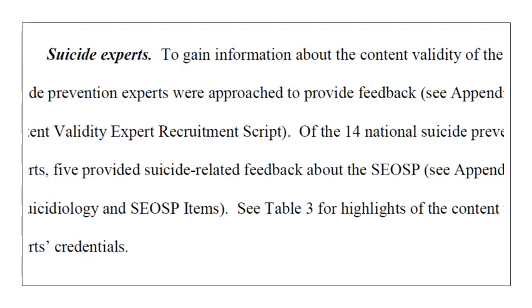So like I mentioned, I had to contact self-efficacy experts, but then I also had to contact suicide experts, so that I could get some more information about the content validity of the measure.